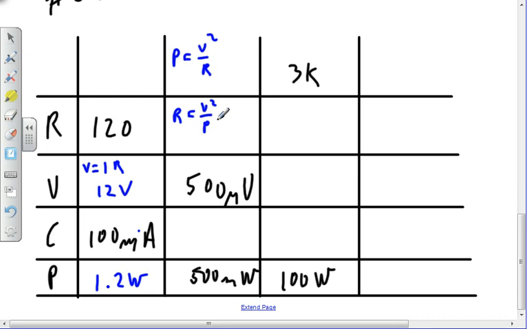Okay, so V squared, 500 double E minus 6 divided by power 0.5. 1 milliohm, 1 milliohm. That's like a short. Wow.